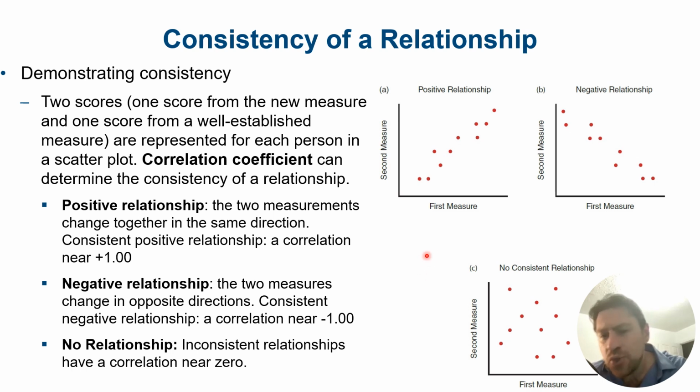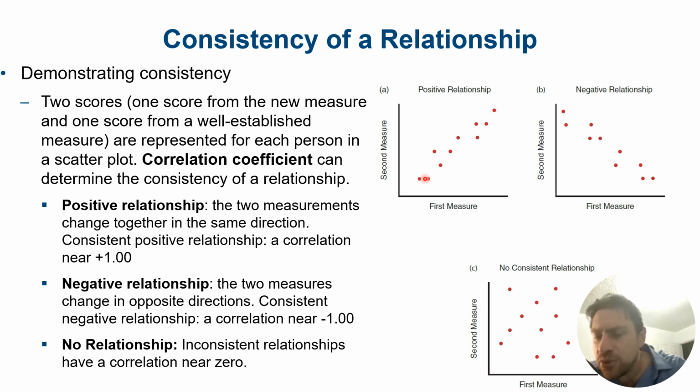So let's imagine you have two variables or two measures, first measure, second measure. Now you can visualize the relationship between them by plotting the data in a scatter plot. Furthermore, you can use what is called a correlation coefficient to quantify the strength of this relationship from strong to weak.